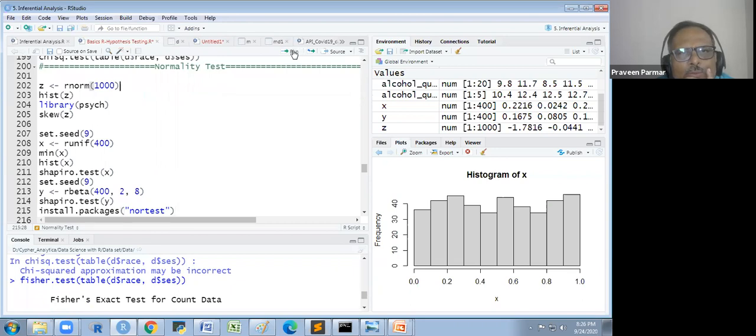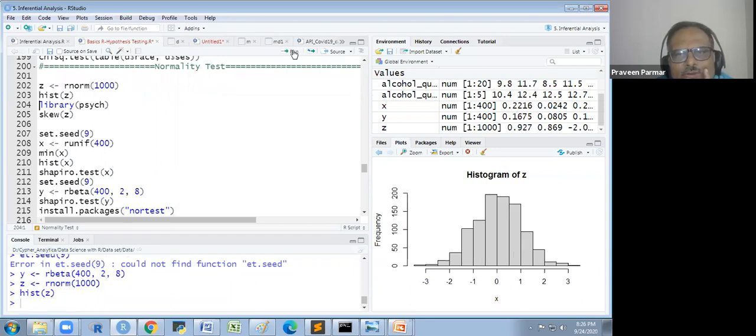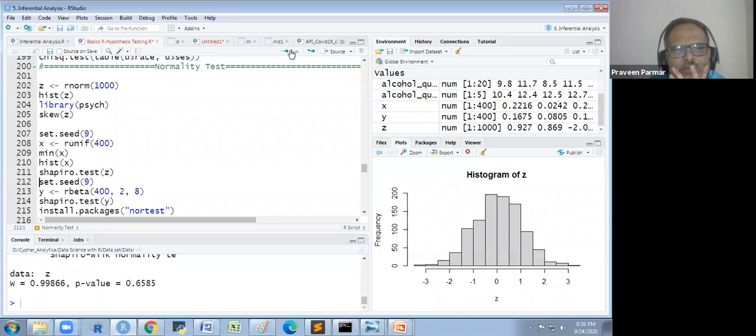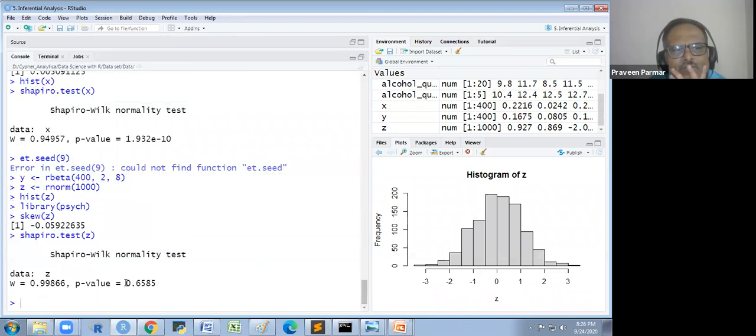I have taken 1000 samples and the histogram we are watching, it is normal, and we have seen the skewness, and then we test this through Z, and oh, it is higher. That time it was wrong. I don't know what the mistake was.